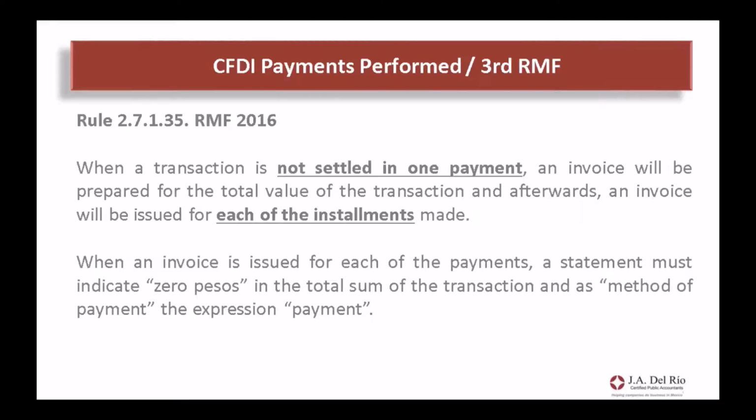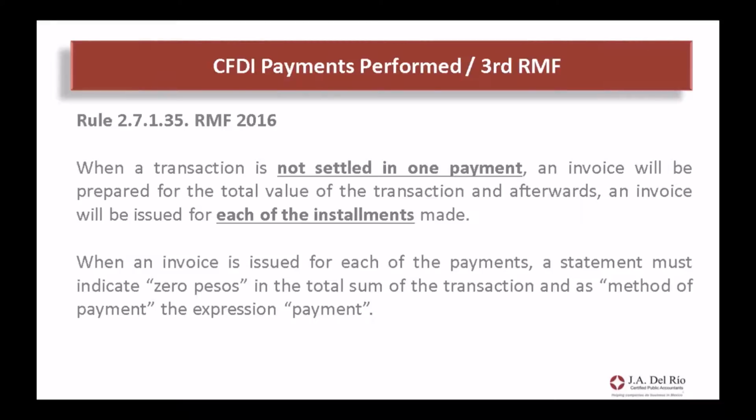So far we already do these transactions. And the reason why it is important for the authorities to differentiate the payments done through installments is because, as I mentioned before, it serves to control the VAT flow, and it also controls the revenues for the individual taxpayers.